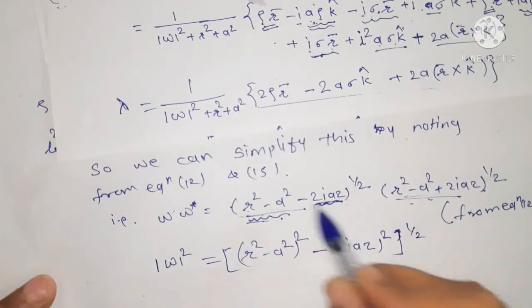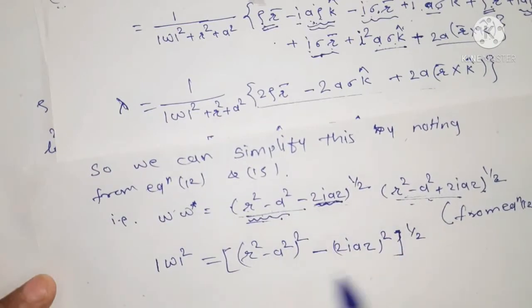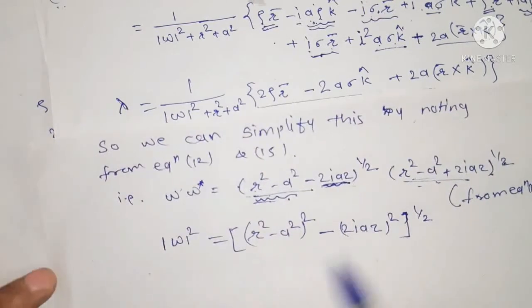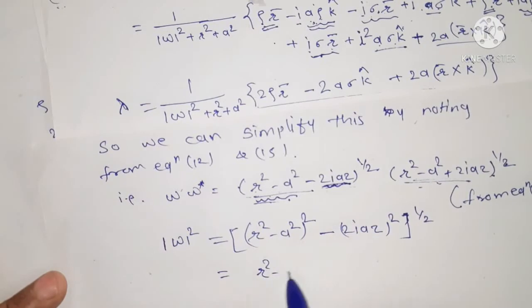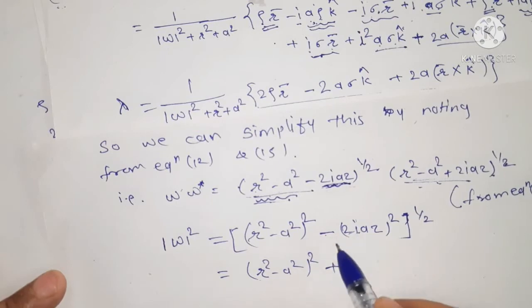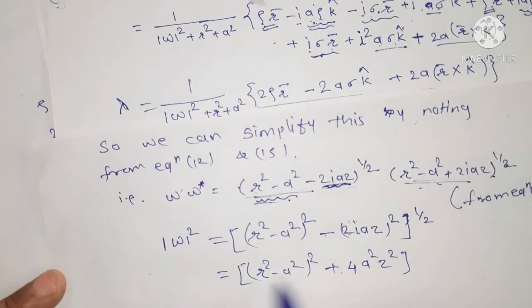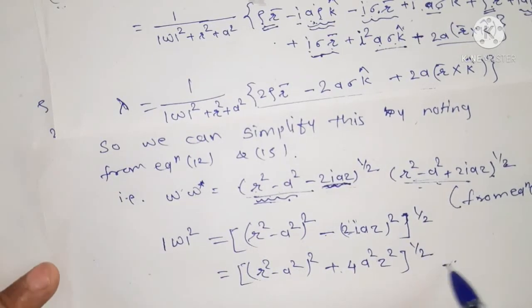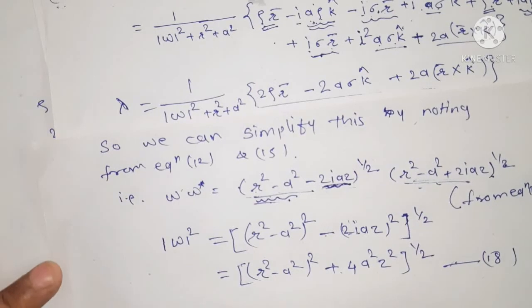Because all the powers are 1 upon 2, the whole power is 1 upon 2. That is equal to r square minus a square whole bracket square plus, because I square is minus 1, so minus minus is plus, and the square of 2 is 4 into a square z square, and whole bracket to the power 1 upon 2. We give this as equation number 18.